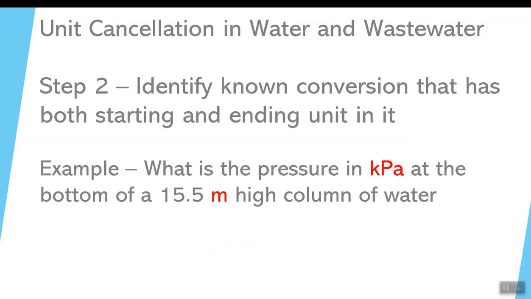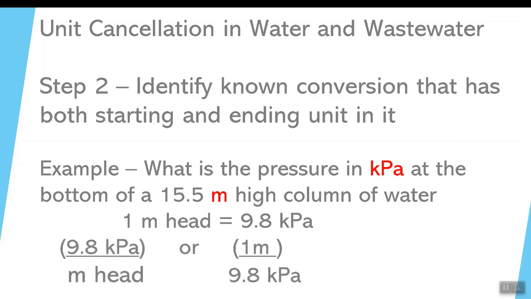Now, once you have found your starting and your ending units, then there's got to be a conversion in there someplace for you to solve the question. If there's no conversion, you can't do it. So we've established already that 1 meter of head is equal to 9.8 kilopascals. We've also established it could be written as 9.8 kilopascals per meter, or 1 meter per 9.8 kilopascals.